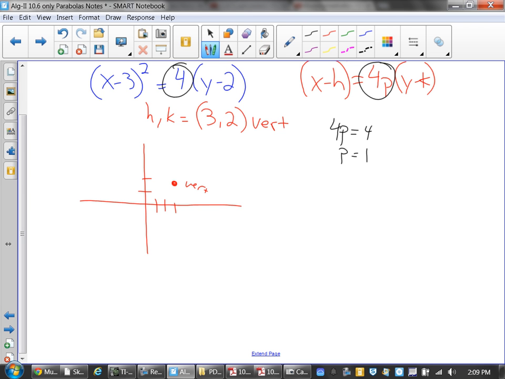Now, this is an x squared parabola. The value of p is equal to 1. So what direction is this going to go? It's going to go up. Everybody okay with that? All right. Yes. It's going to go up. So that means the distance from my vertex to my focus is 1. What's that ordered pair? 3, 3. Very good. So my focus is at 3, 3.